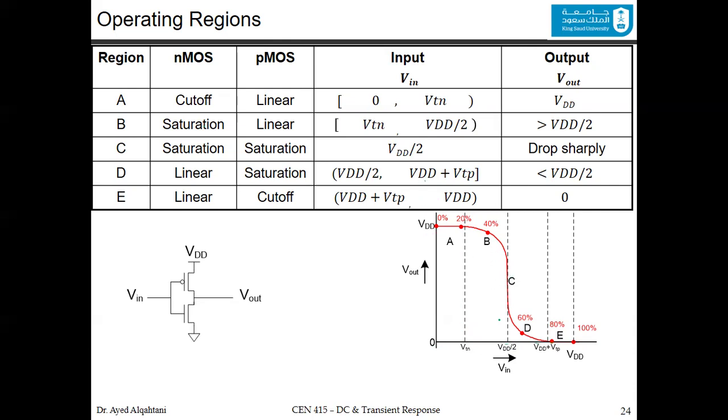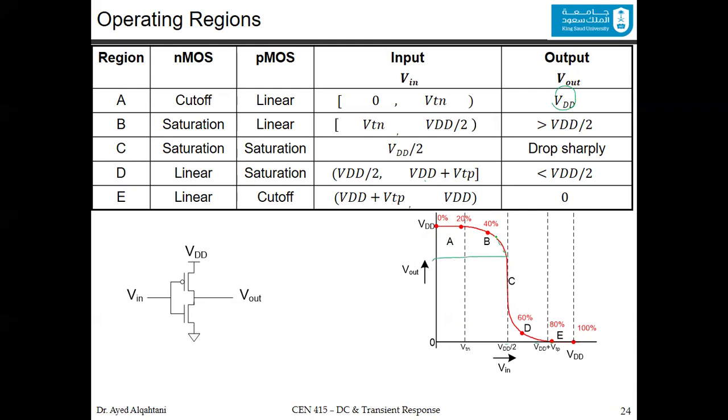The region C, which is this vertical line, is when you have exactly VDD divided by 2. In the output here, it's VDD, which is logic 1. In all of region B, the output is larger than VDD divided by 2.